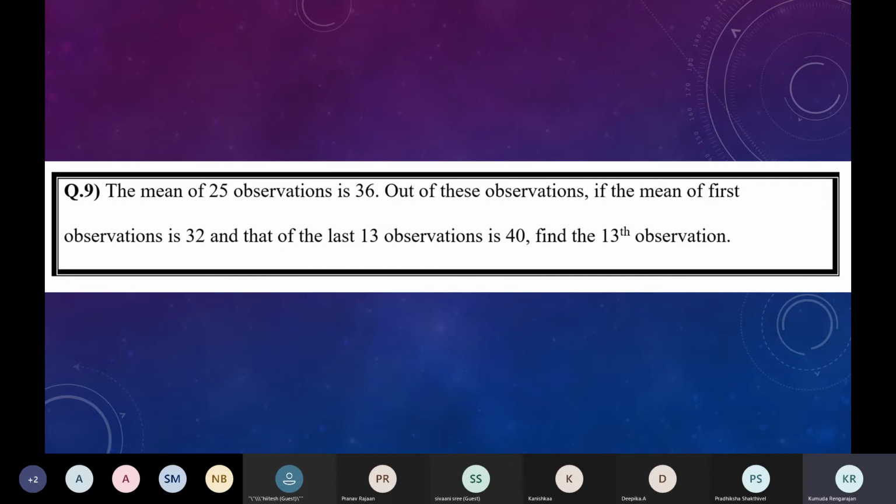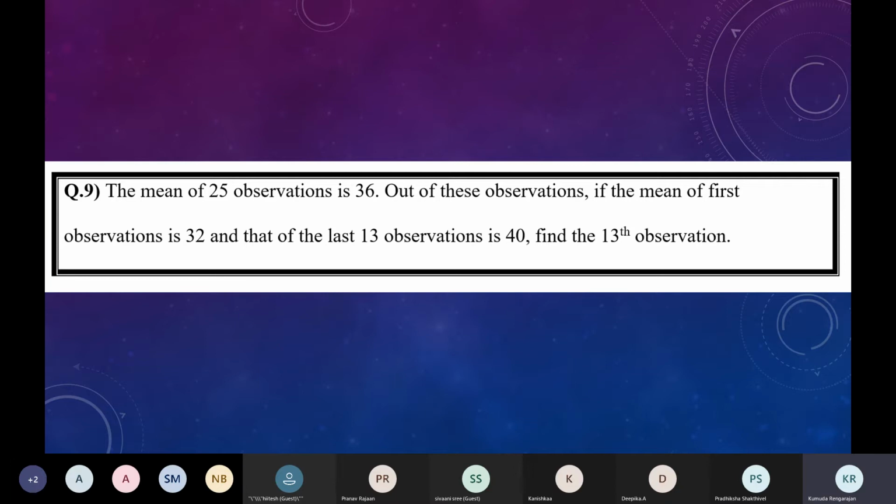In our data, we have 7 numbers, of which the 4th number is the middlemost. When the observations are 7, 7 plus 1, 8 by 2, 4th.